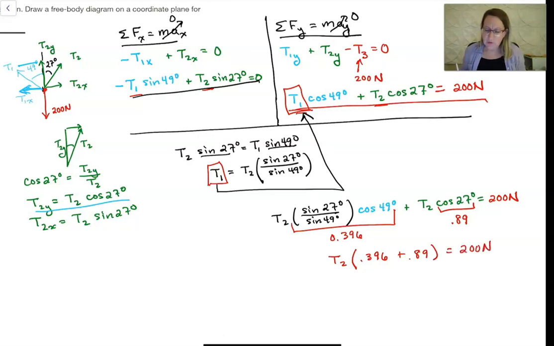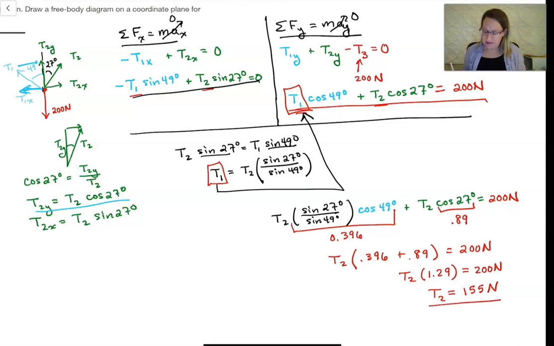I add these two numbers together, gives me 1.29. T2 times 1.29 is equal to 200 newtons. So T2, dividing both sides by 1.29, I get about 155 newtons, if I plugged everything into my calculator correctly, which may be a big if.